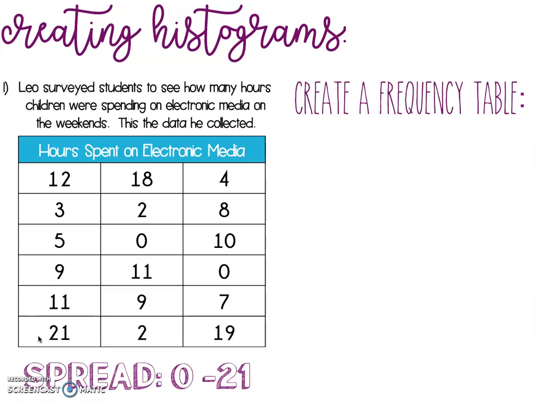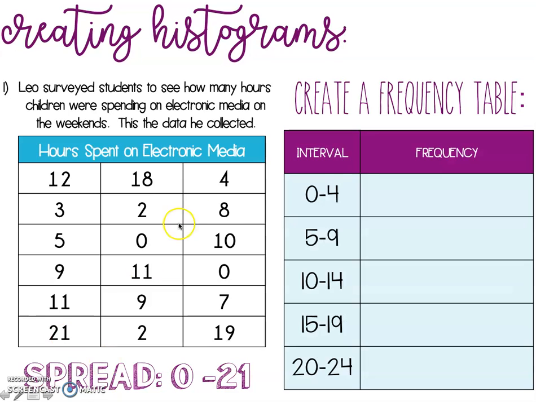On our frequency table, over here on the left is where we're going to put our intervals, and over here on the right is where we're going to put our tally marks for the frequency. So our first interval that we're going to set up, and if you don't have this on your paper, you need to be putting it on now, is 0 to 4. Now, we said that 5 was our width, and if you count 0, 1, 2, 3, and 4, that's actually 5 spaces wide.